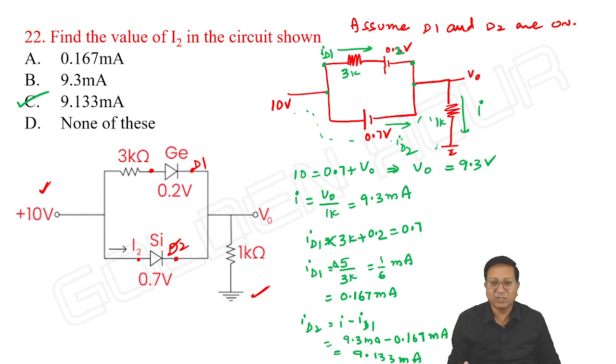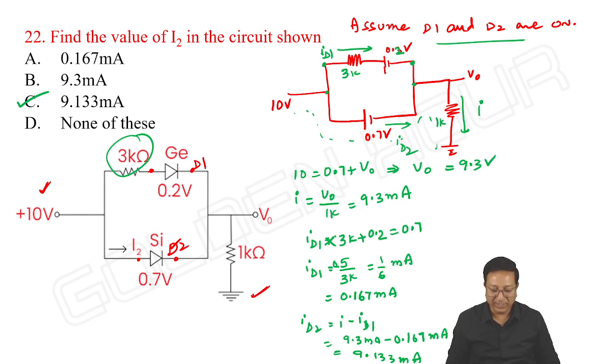The resistors are chosen in such a way that there is no issue with our assumption. I started with an assumption that D1 and D2 are on. By changing either the 3K or the 1 kilo ohm resistor, instead of 3K I can take another smaller value so that ID1 increases.